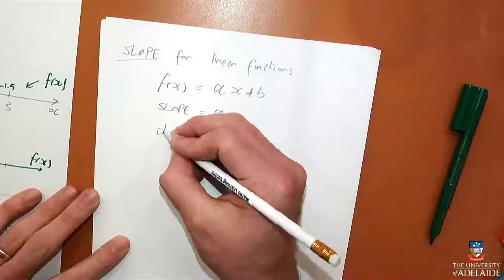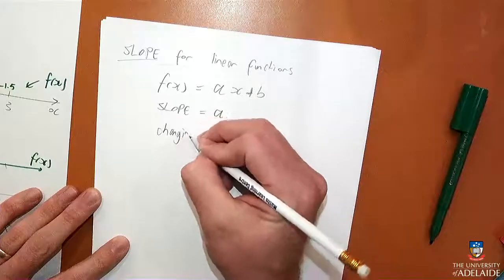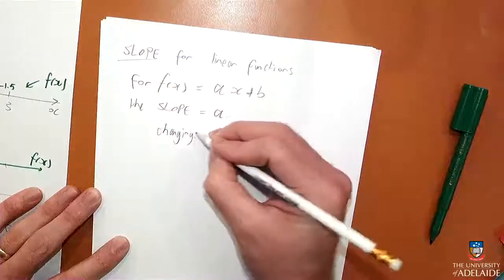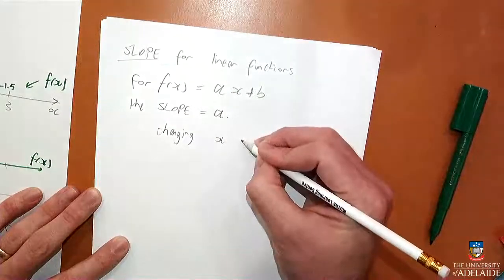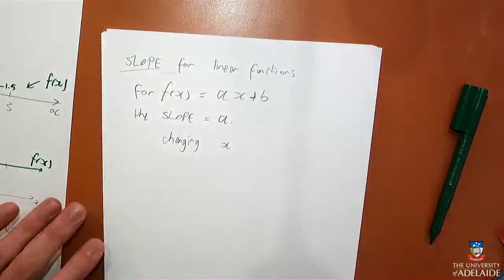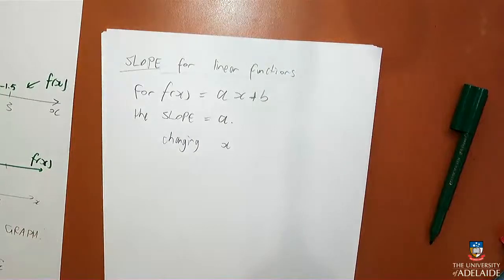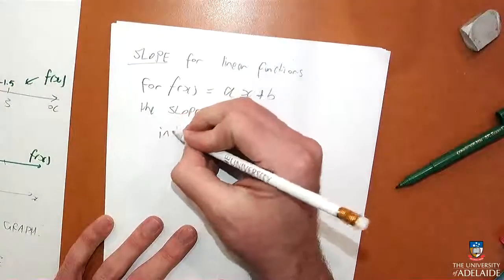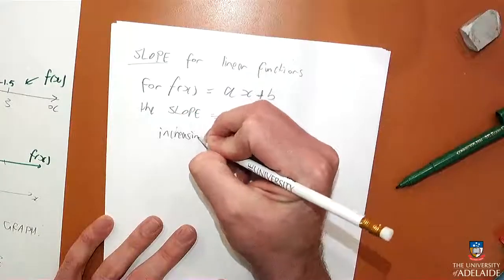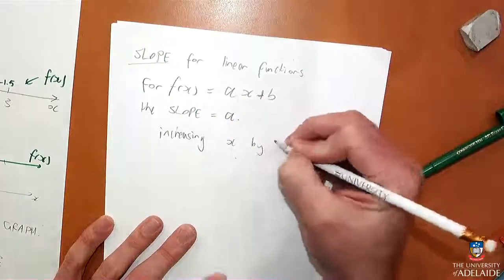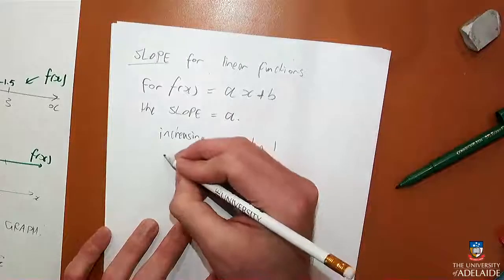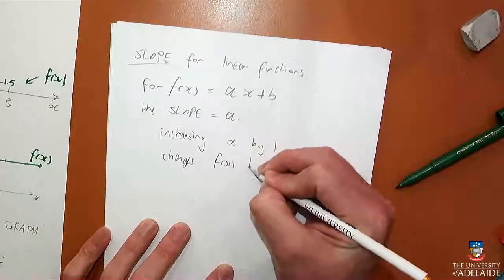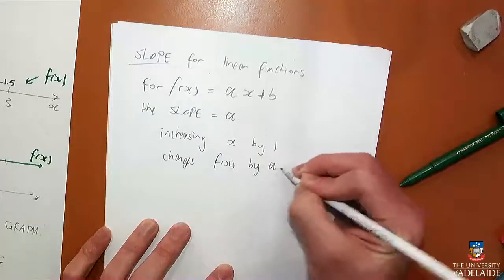So increasing x by 1 changes f of x by a.